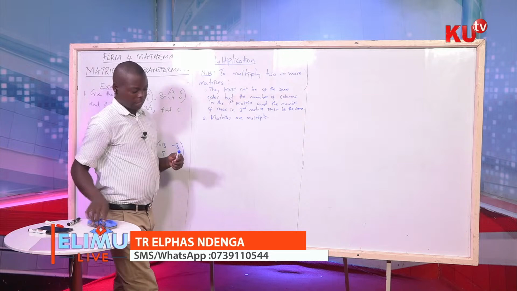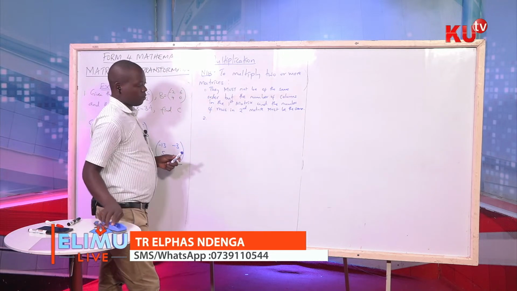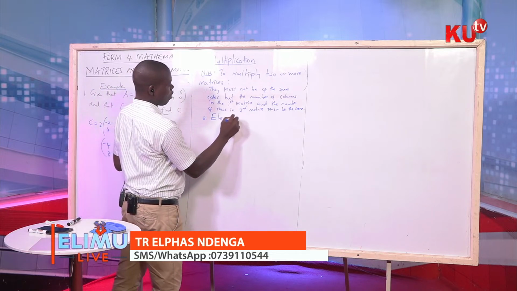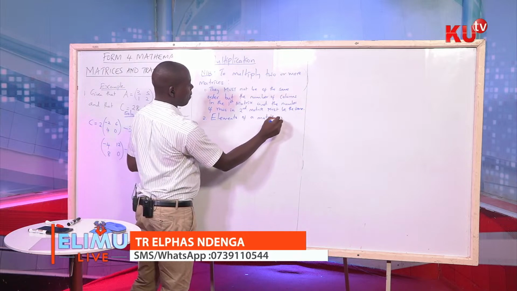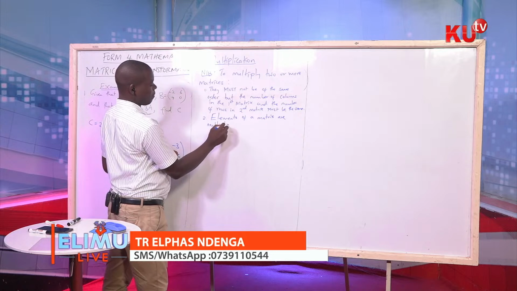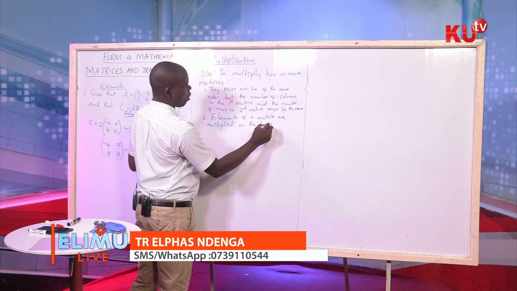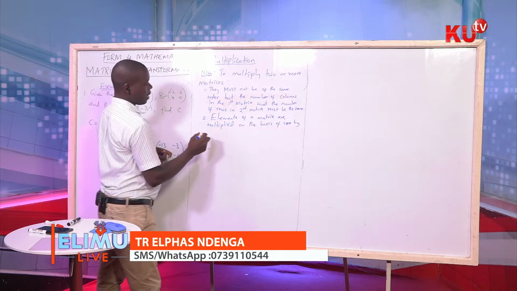Sorry, not matrices, but let's say elements in a matrix, or elements of a matrix, are multiplied on the basis of row by column.